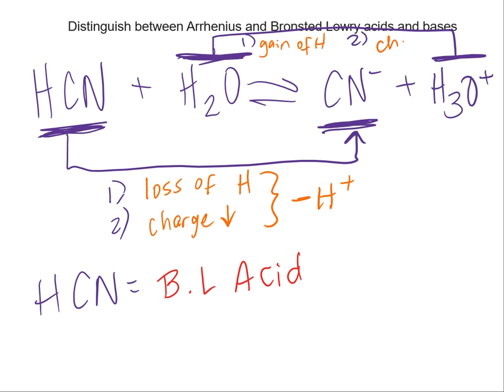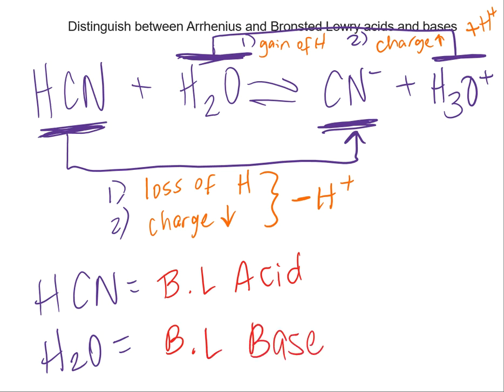We saw that the charge went up by 1. When a substance gains a proton, the number of hydrogen and the charge increases by 1. So what this tells us is that water served as the Bronsted Lowry base.